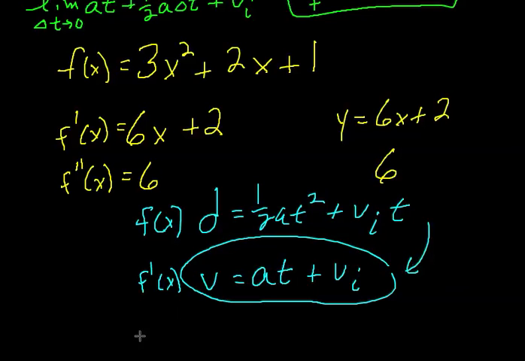And then what if I want the second derivative, the second function? Well, the derivative of displacement is velocity. The derivative of velocity is acceleration. And how do I take the slope? Well, I take the exponent 1 times a. I get a, and guess what? That's all I get. a is constant.